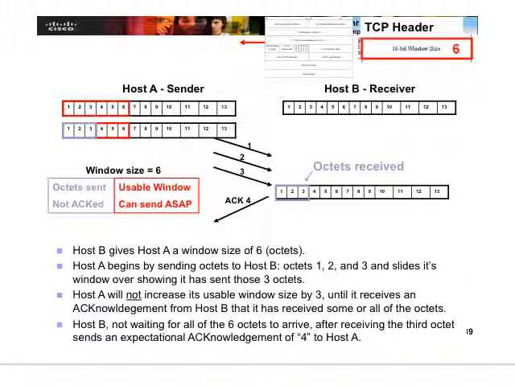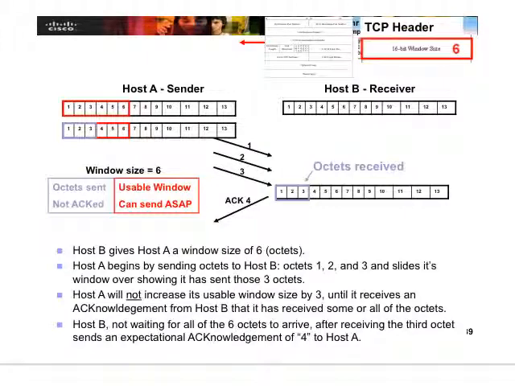So what I can send is actually 6 bytes. So I sent 1, 2, 3. The 2 colors here are different to indicate that these are bytes I have sent already, and these bytes are waiting to be sent. After sending 3 bytes, I received an acknowledgement.